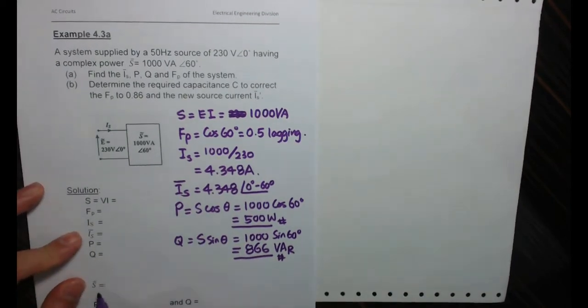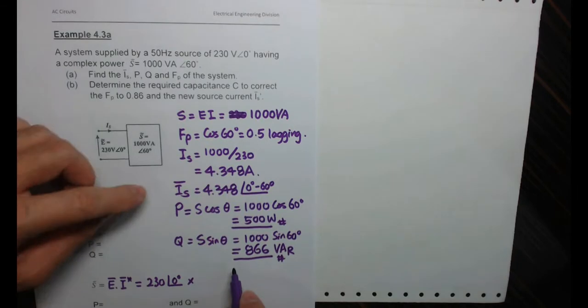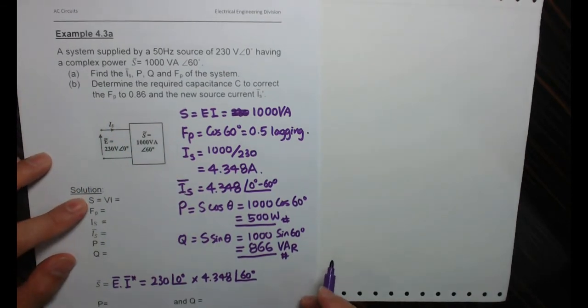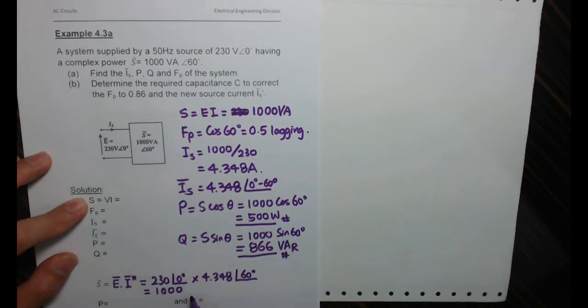Another method to calculate is to use the complex power formula, which is E multiplied by the complex conjugate of I. That is 230 angle 0 multiplied by the complex conjugate of I, which is 4.348 at the negative of that angle, so 0 minus minus 60 becomes 60. That gives me 1000 at an angle of 60 degrees.